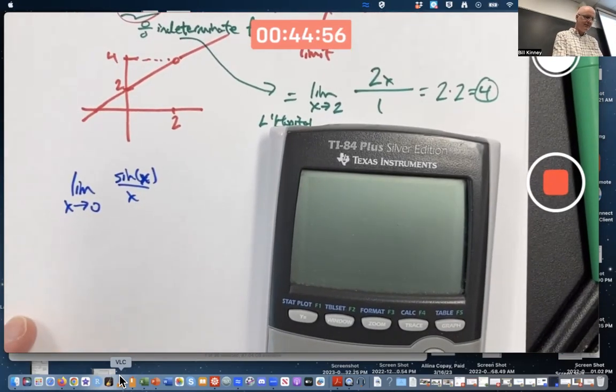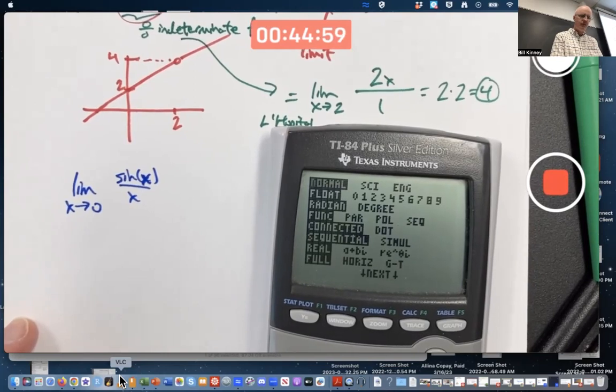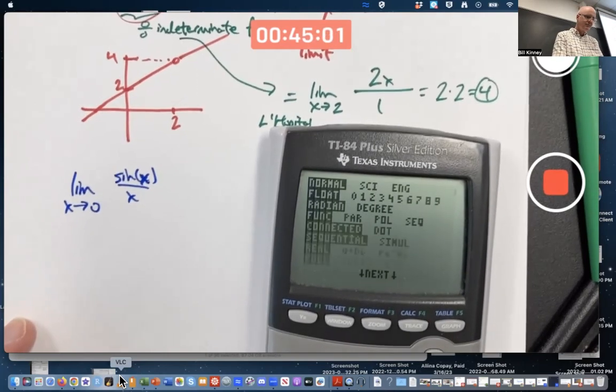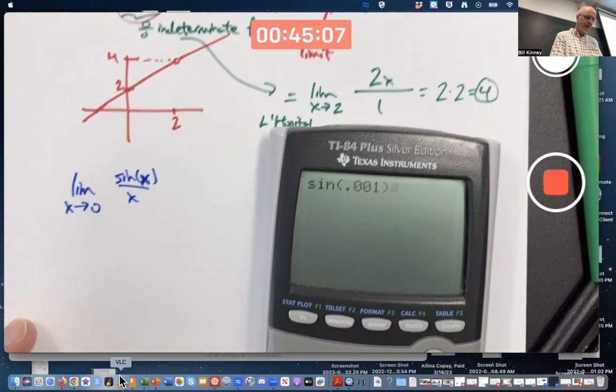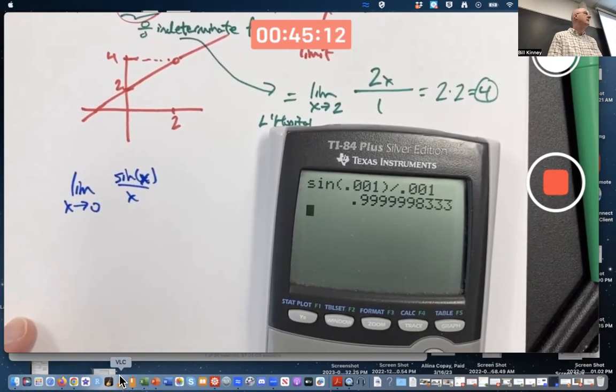Make sure you're in radian mode. Yep, I'm in radian mode. Calculator, what's sine of 0.001 divided by 0.001? Really close to 1.